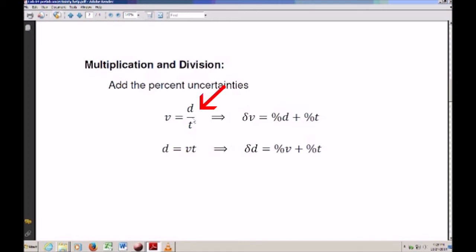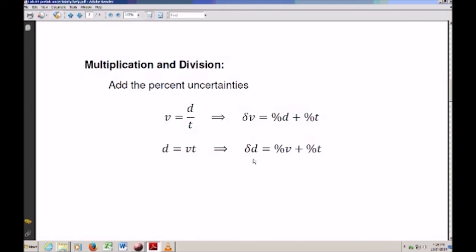So it doesn't matter whether you're dividing or multiplying. In both cases, you still add the percent uncertainties. So if d has a percent uncertainty of percent d, and t has an uncertainty of percent t, you just add those up, and that's the percent uncertainty on v.